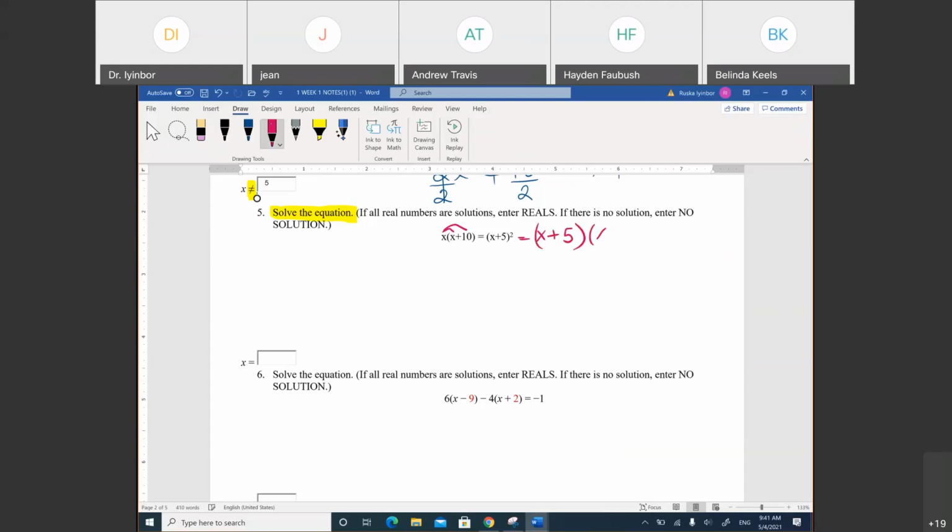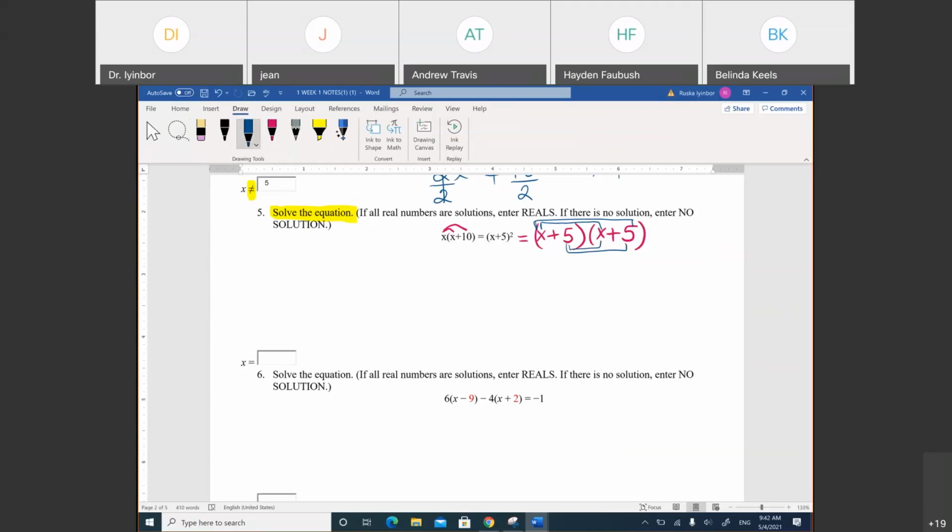Make sure you do that. You have to FOIL this. It's not just x squared and 5 squared. You have to multiply two times. You FOIL x times x, x times 5, 5 times x, 5 times 5.